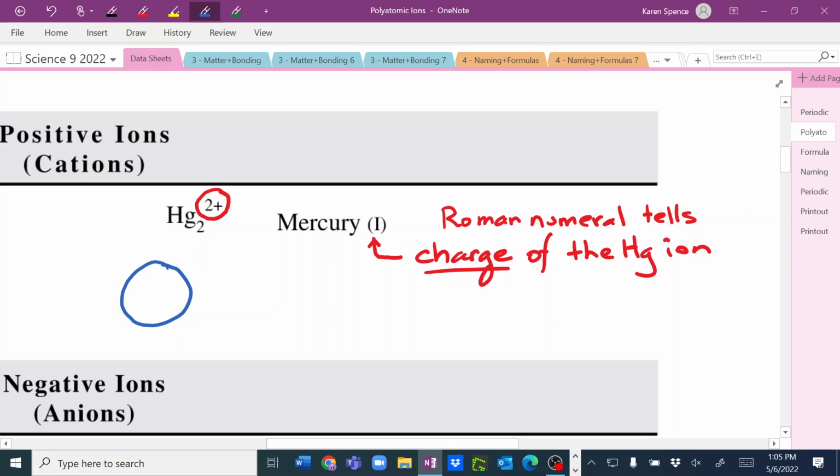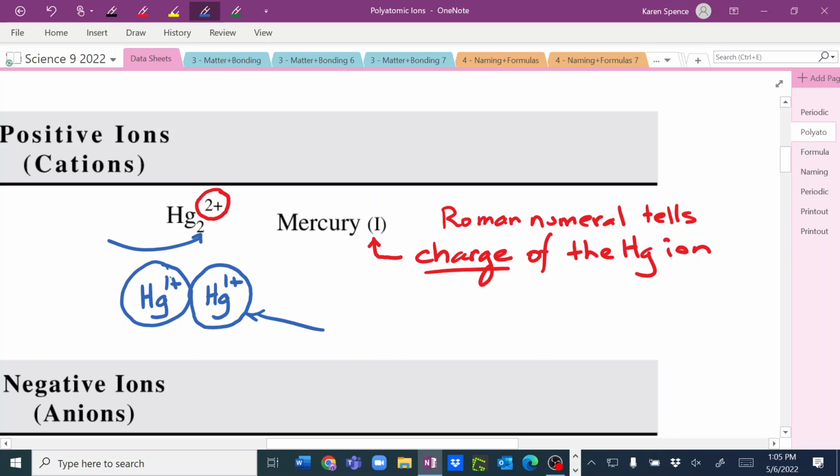Yeah, there are 2 Hgs, right? Not only does it have a 2 plus charge, but there are 2 Hgs. So what you really have is an Hg bonded to an Hg. Each of these will be 1 plus, which gives us a total of 2 plus.